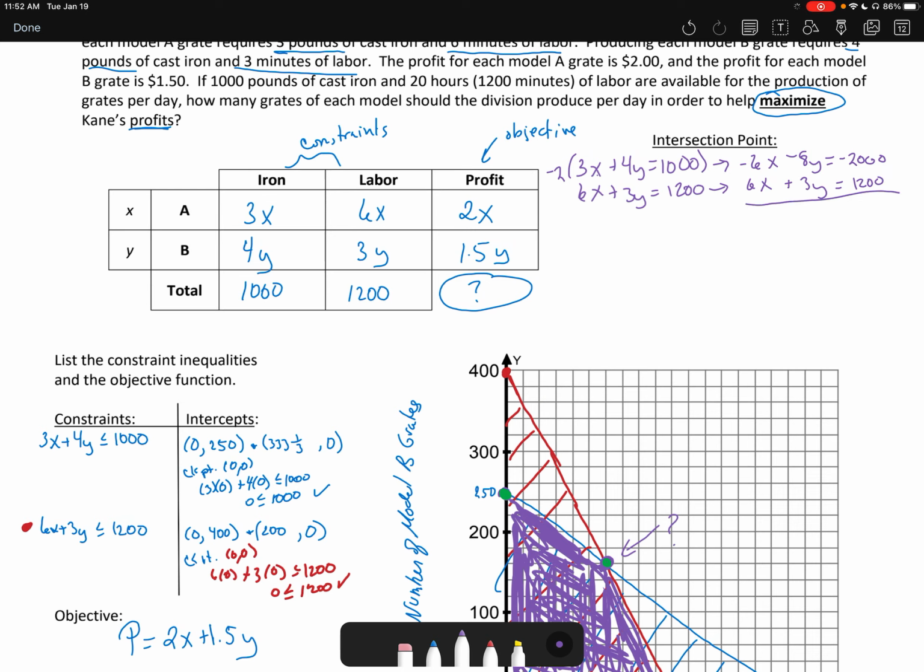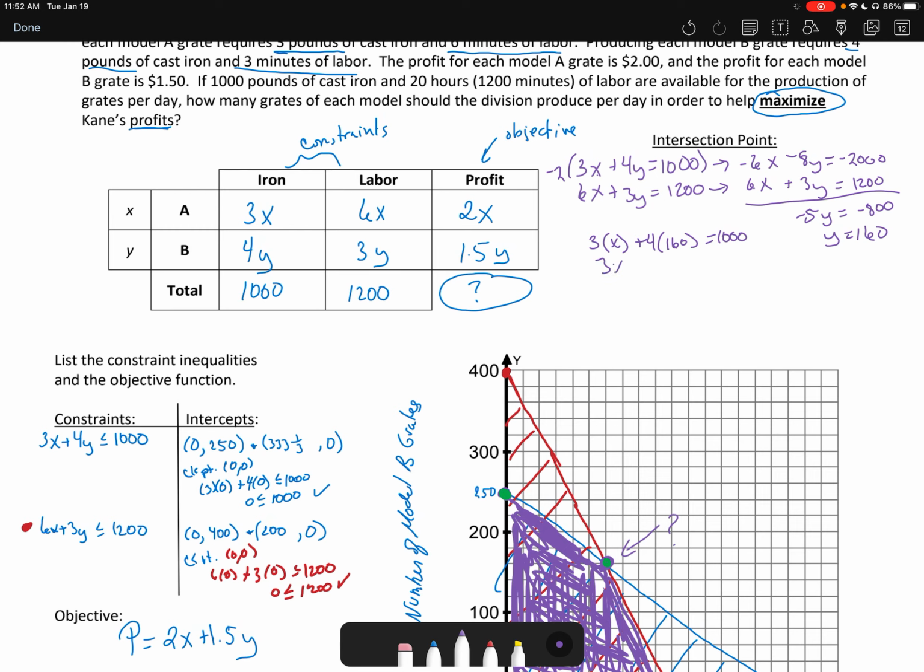If I add those together, I get negative 5y equals negative 800. Dividing by negative 5, I get y equals 160. Then if I sub that back into one of these, so let's say I sub it back into the top one, 3 times x plus 4 times 160 equals 1,000.